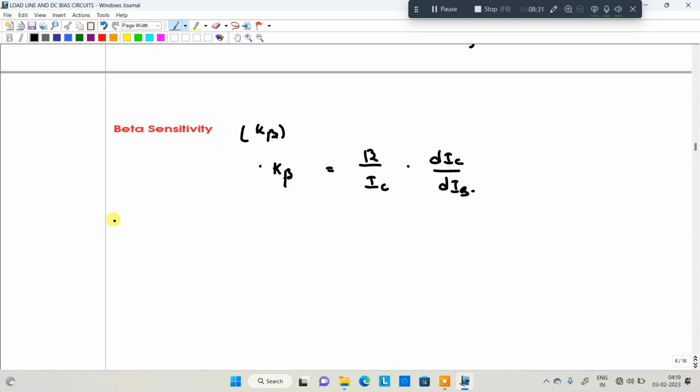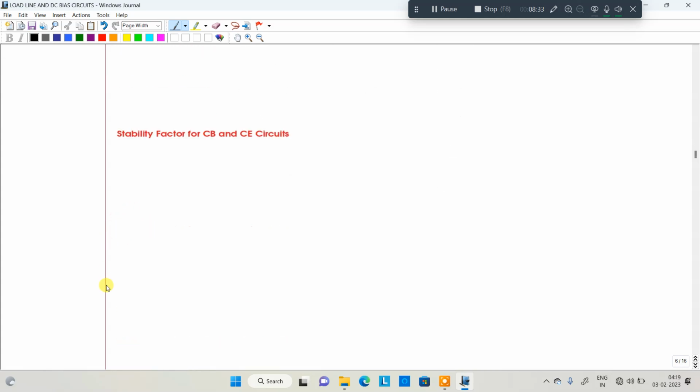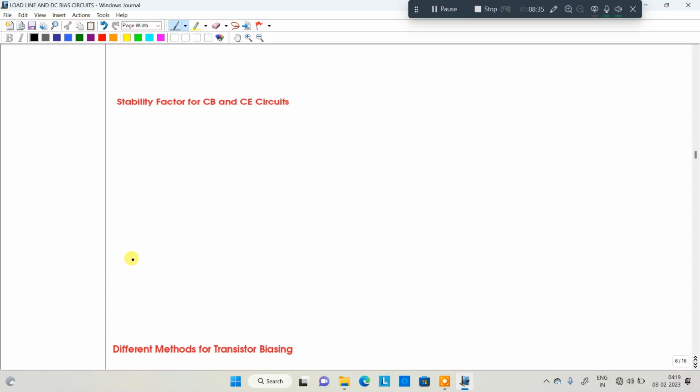Once again, I will provide two important concepts here: stability factor and beta for common base and common emitter configurations. First, the common base circuit.